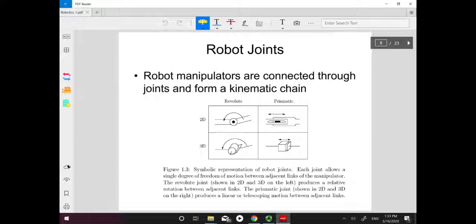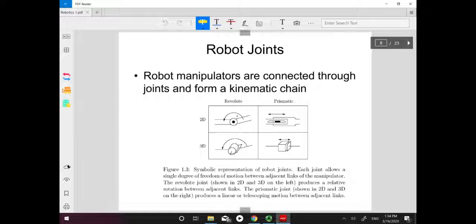The robot manipulators mean the real robot you see, the hardware you can see directly, which is the mechanical structure. And the rigid bodies, which are the links, are connected through joints. And how are we going to control the motion of robots? Actually, all these joints and links form a kinematic chain.